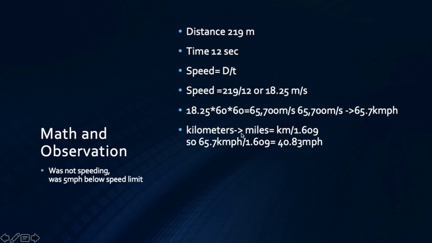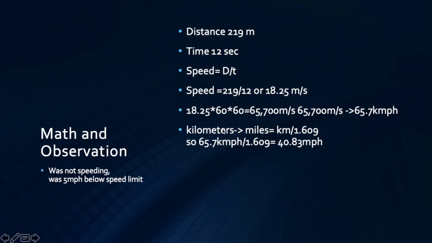This is my math and observation. You take the distance in meters and the time and you divide to get the speed. So the speed is around 18.25 meters per second, and then you multiply that by 60 and then by 60 again to get 65.7 kilometers per hour.